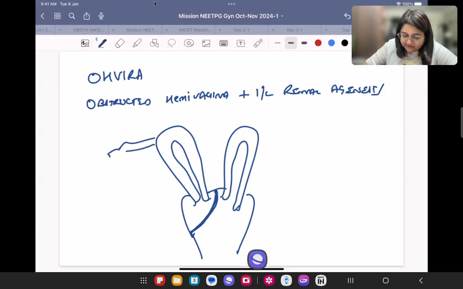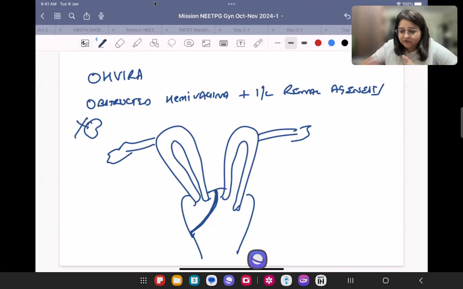And on the side of the hemivagina, the kidney is absent on that side. So renal agenesis on that side. So as a result, what will happen? Here there will be hematocolpus, hematometra, hematosalpinx and endometriosis. So endometriosis can be seen in didelphys, but only in the setting of an obstruction, which is seen in Ovira syndrome.